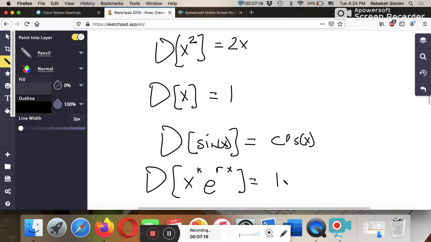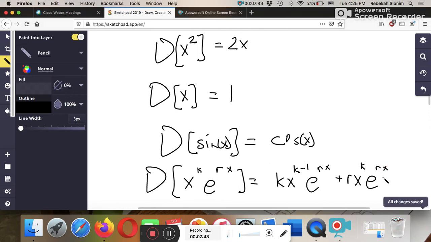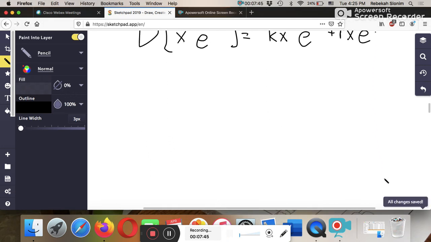So it's going to be kx to the k minus 1, and there's a reason I'm doing this one specifically, times e to the rx, plus x to the k times r e to the rx. So I'm going to put my r out here, and I got e to the rx. Okay, that's enough of that differential operator.